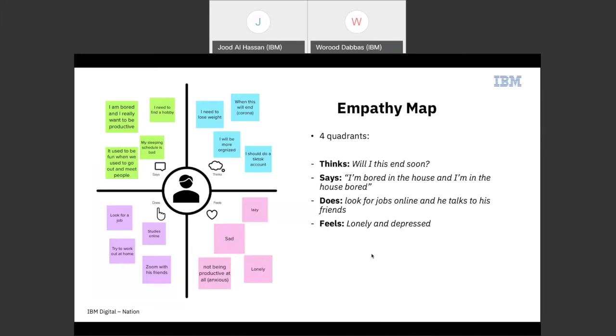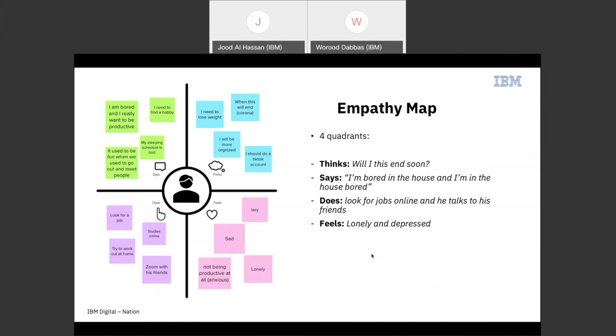With the empathy map, you can get all these important elements and tricks about this persona by asking them questions, by doing interviews with them, by doing surveys, so you can get to know more about their personality. But for the empathy map for now, we try to put ourselves in Yasser's shoes, and we try to see how he is thinking about the situation, what he is saying, what he is feeling, what he is doing.